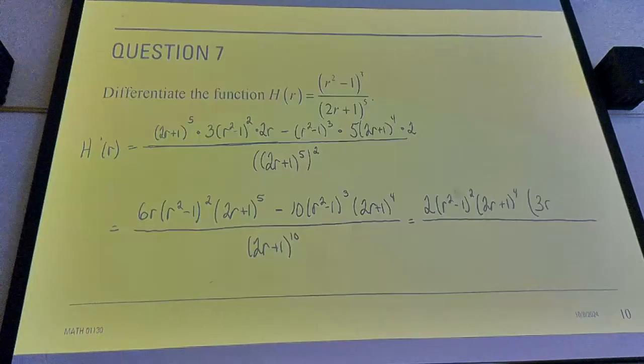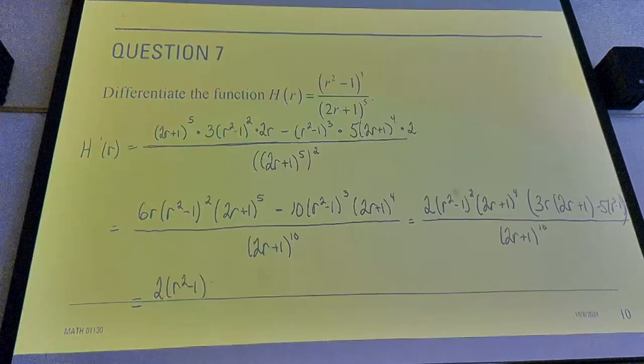Left with 3r times 2r plus 1 minus 5 times r squared minus 1, times r squared minus 1.